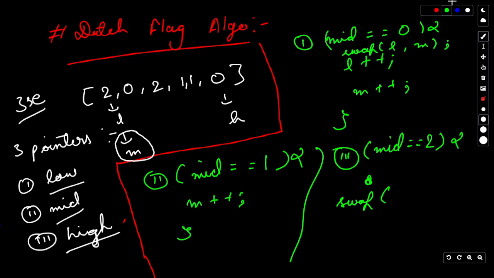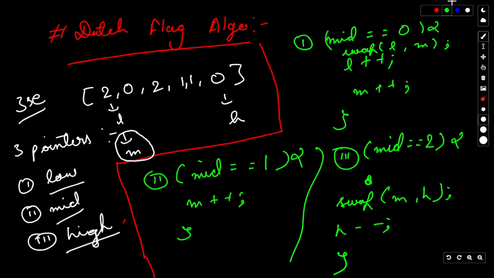And at the third condition, we swap mid and high, and then we decrease high by one position, and that's it.